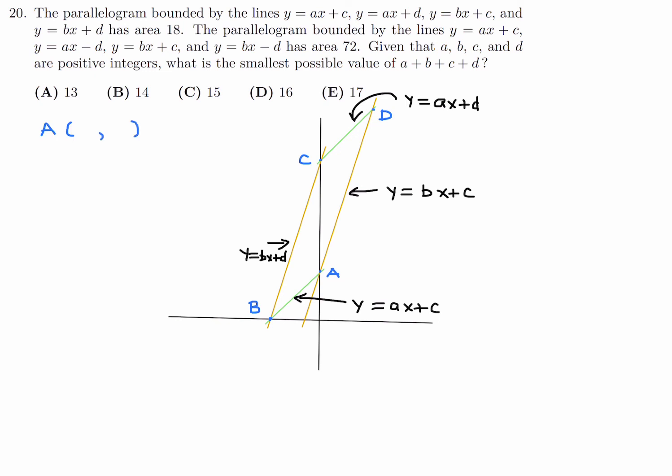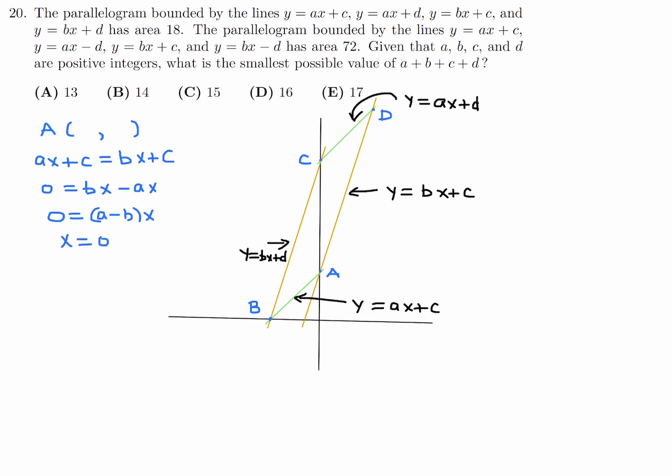Well, A is the intersection of which two lines? This one and this one, right? So that would mean ax plus c is equal to bx plus c. The c's disappear, so you get 0 equals bx minus ax, and therefore (a minus b)x equals 0, therefore x must be 0.